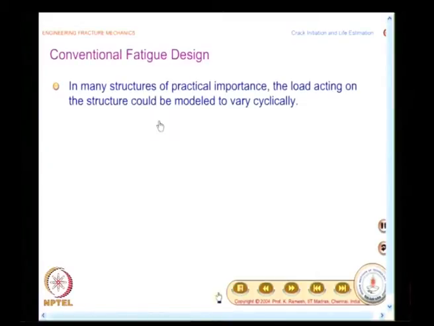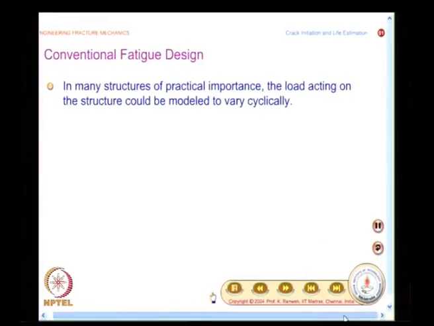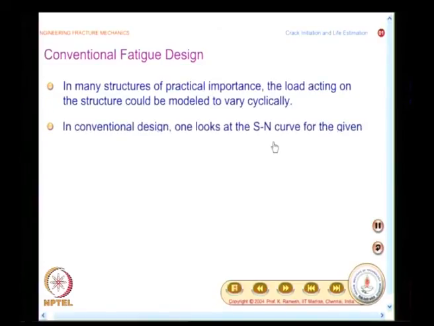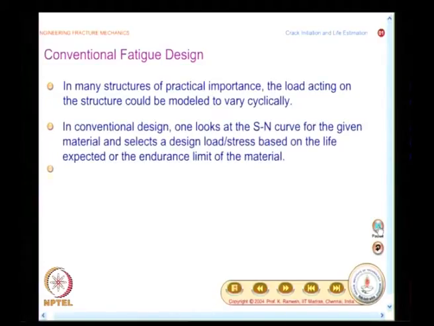So, you have to accommodate the response of the structure due to variable loading, and one of the simplest modeling approaches is that the load varies cyclically. Later on you will bring in Fourier series analysis and express the complicated loading as a sum of harmonics and then handle the situation. And what do you do in a conventional fatigue design?